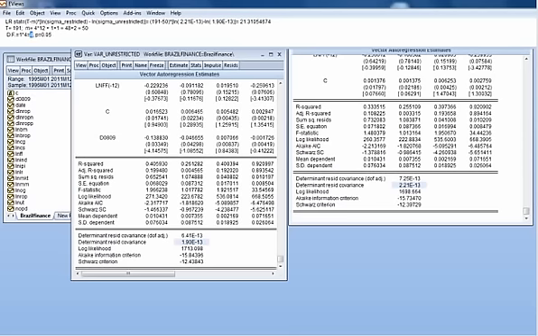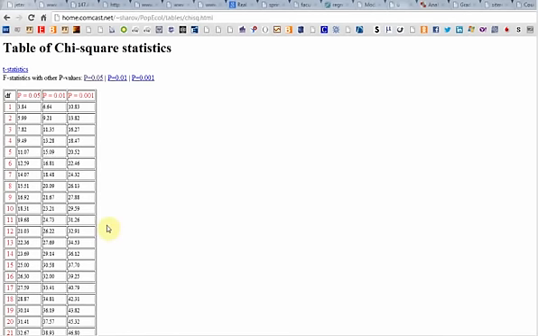I have actually opened it in my browser here. So 4 degrees of freedom at 5%, p equal to 0.05, is 9.49. So I'll copy this. 4 degrees of freedom, 9.49, corresponds to the 5% level.